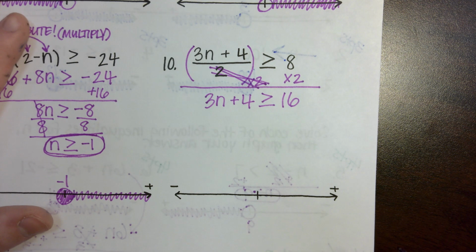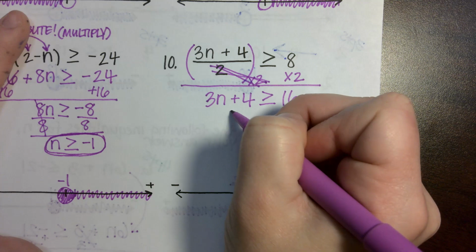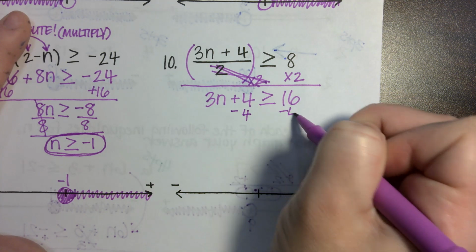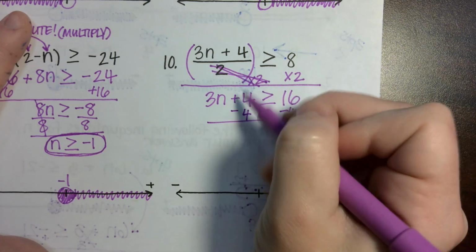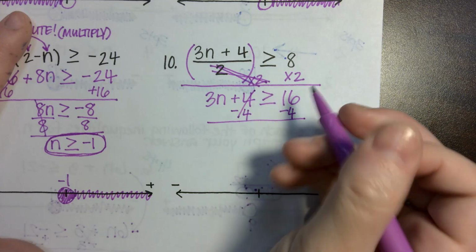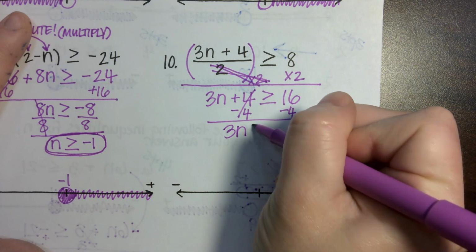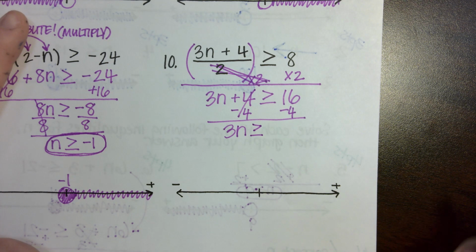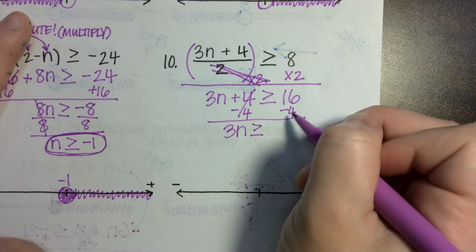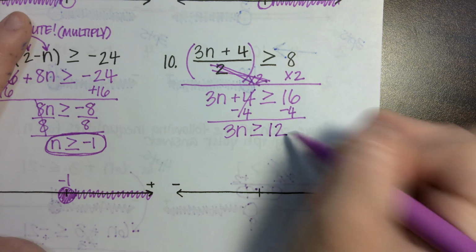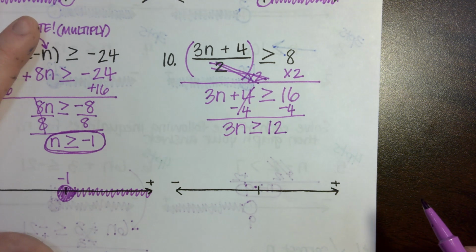Awesome. What's next? Wonderful. We're subtracting 4 on both sides. Those 4's cancel, so I'll bring down 3n is greater than or equal to 16 minus 4. What's that? 12. All right, we're nearly done.